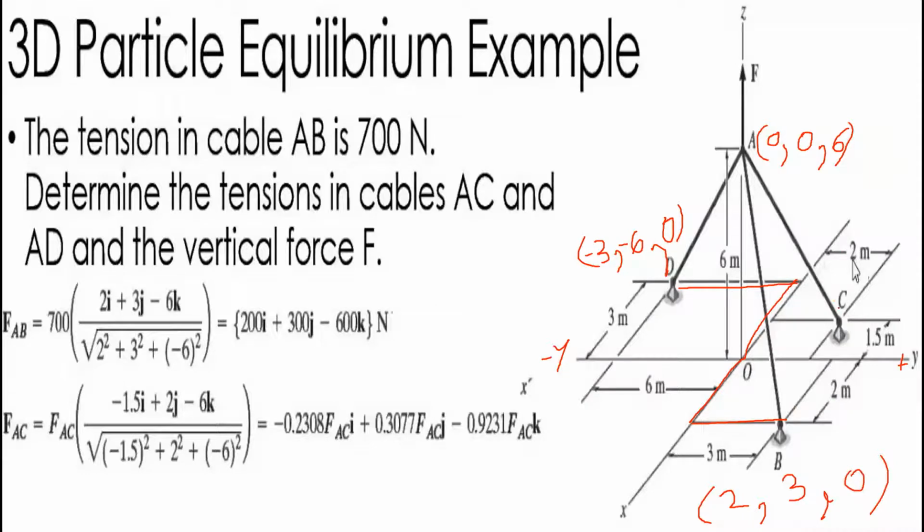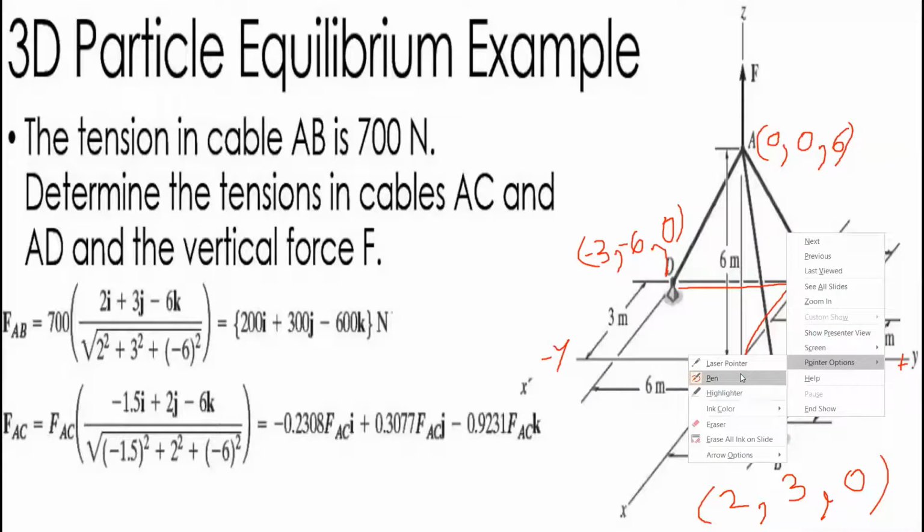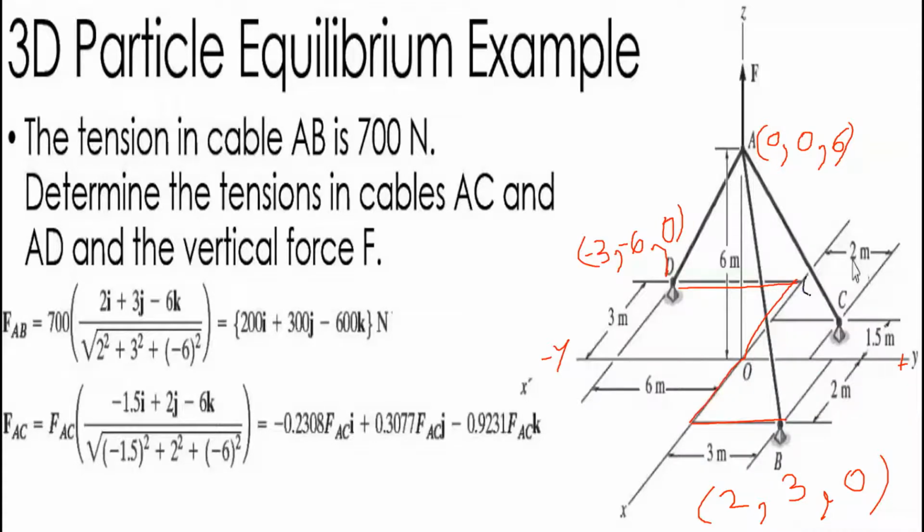For the point C, let me take another pointer color because there is no proper space left. So when I take a different color, it will be clear to all of you. So how can you take point C? You have to move from here, that is parallel to 2 meter on positive y-axis.